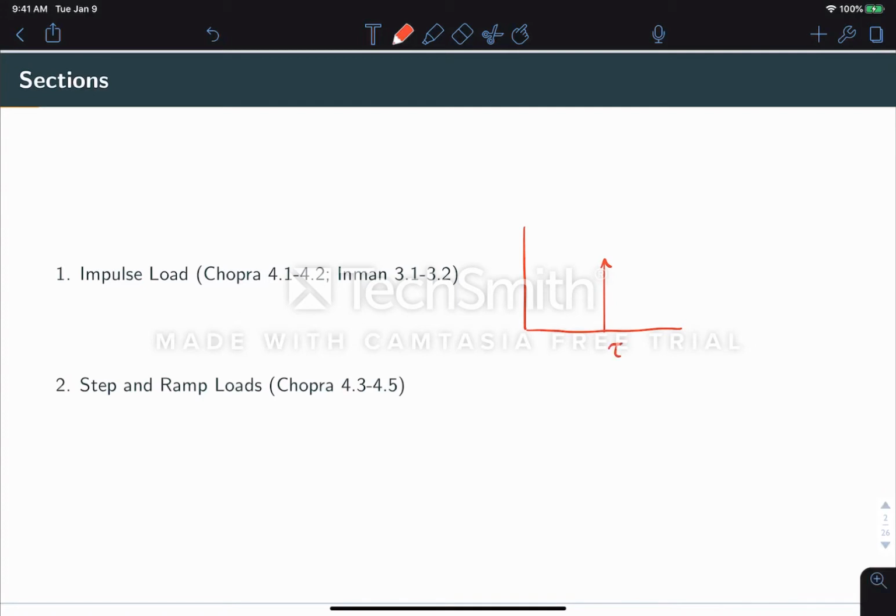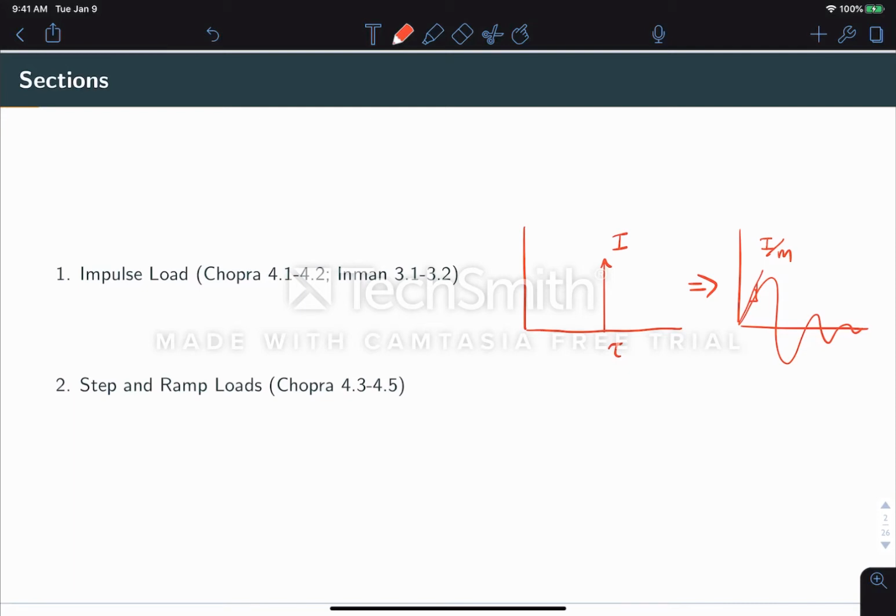And that impulse's magnitude is usually described by its area, which we called I. Now, the response to such an input, or a loading function, looked like a free vibration response whose initial slope or initial velocity was dictated by that impulse and was equal to I over m.